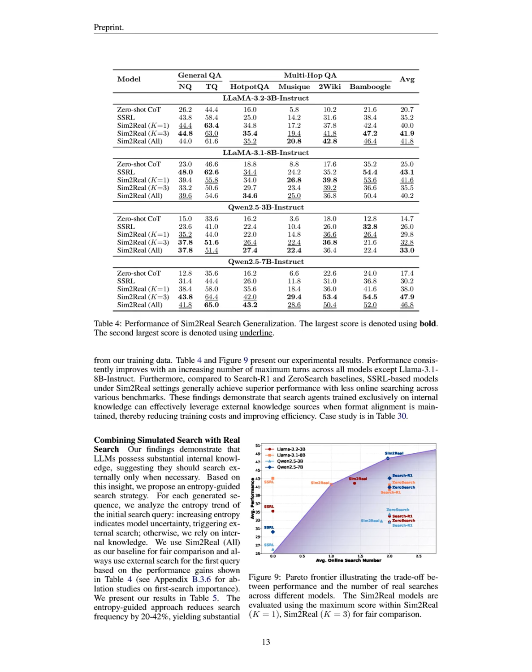Additionally, the findings indicate that SSRL-trained models may over-rely on internal knowledge, leading to difficulties in adapting to real environments, as evidenced by their tendency to complete queries with a single search rather than engaging in a more flexible, iterative search process.